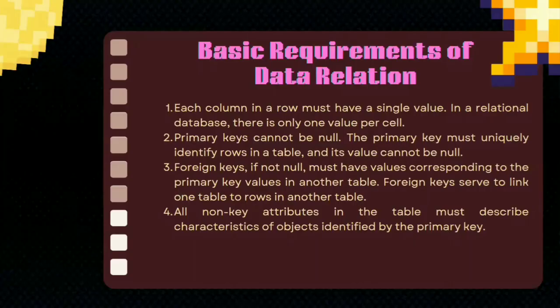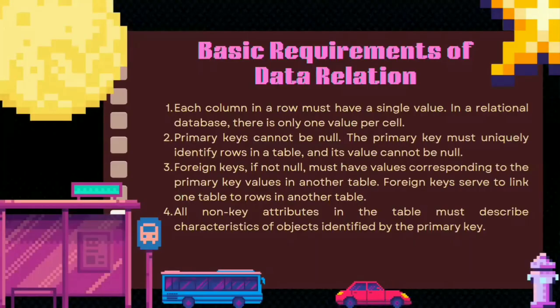And then the basic requirements of data relation. Here are 4 points. First, each column in a row must have a single value. In a relational database, there is only one value per cell. Second, the primary key cannot be null. The primary key must uniquely identify a row in the table, and its value cannot be null. 3.